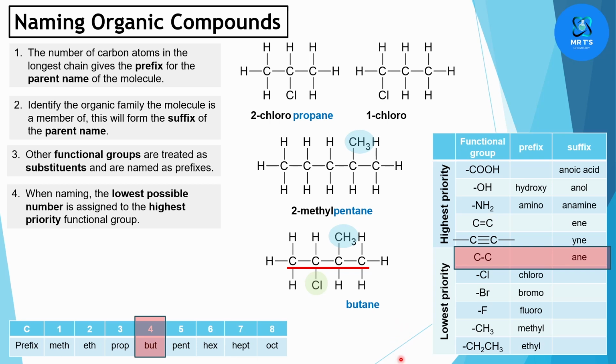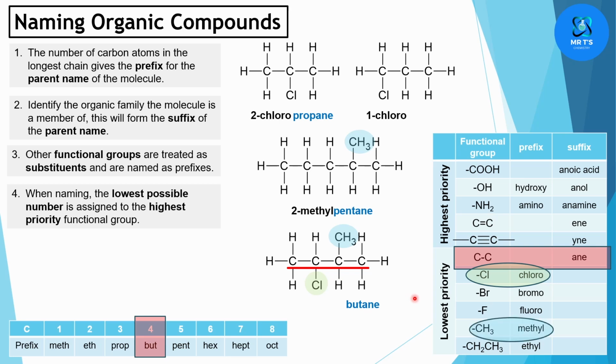And now we have to number it. Which one of these two, the methyl group or the chloro group, has a higher priority? We can see in our table here that the halogens have a higher priority than the alkyl groups. So when we number this, we're going to number it from the left, so it gets 1, 2, 3, so chlorine gets number 2 and methyl gets number 3, and not the other way where methyl will get number 2, because chlorine is a higher priority.